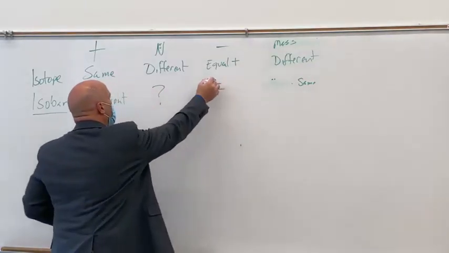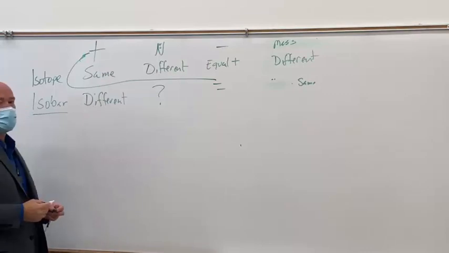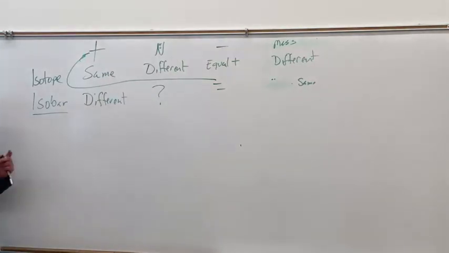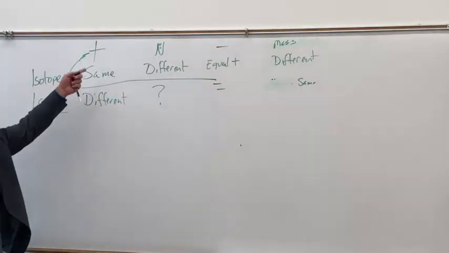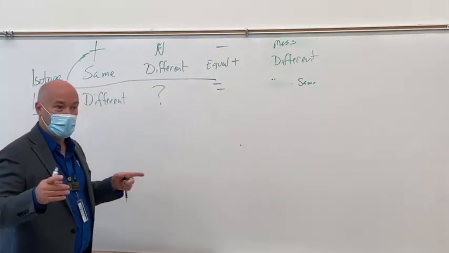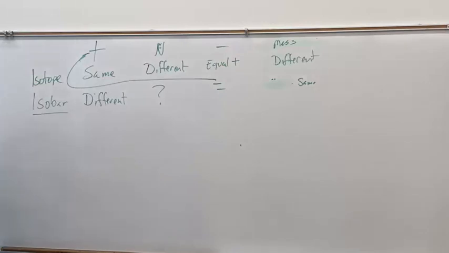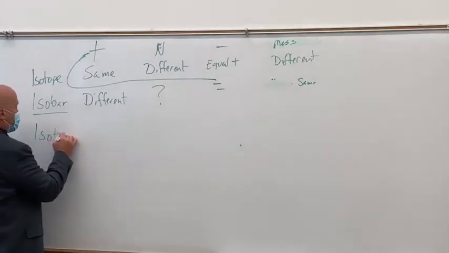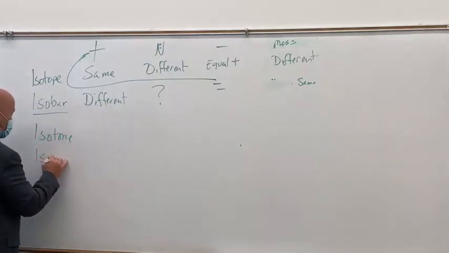Equal number as what we have in protons, right? Positive charges identify the element because that is our atomic number. Negative charges should equal positive charges, unless we have an ion. Okay, so what's the next one? Isotone, that's right, because the last one is isomer.